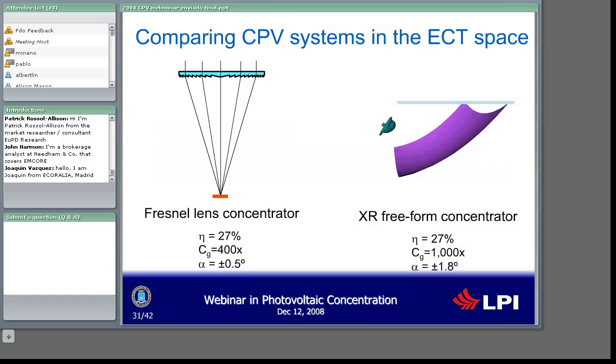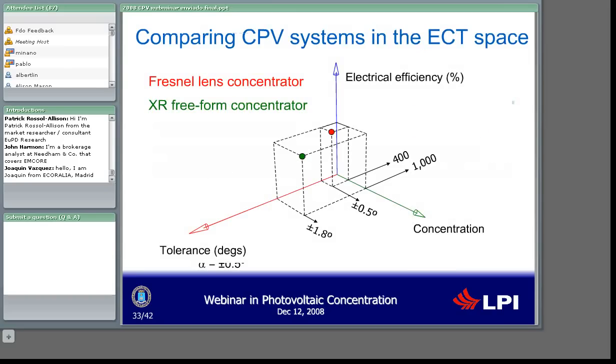Let's compare, for instance, these two systems. The one mentioned before, the advanced XR freeform concentrator, has already proved a 27% electrical efficiency, and a Fresnel lens concentrator has already proven also the same efficiency level. But the other two parameters, concentration and acceptance angle, are very different in both systems.